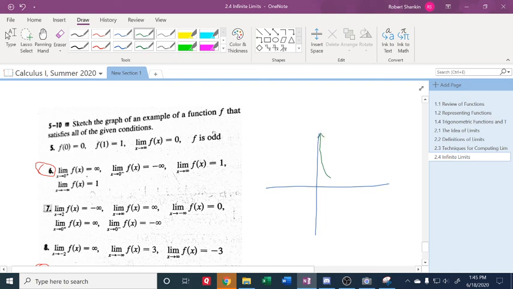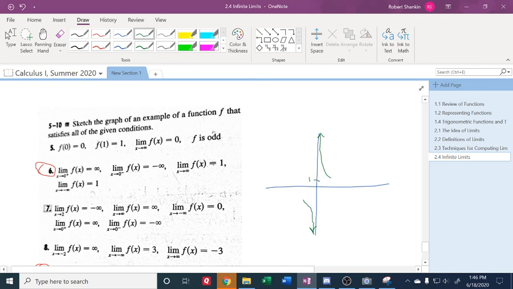That's what this first condition says. As x approaches 0 from the left, my function goes off to negative infinity. As x approaches infinity, the function goes to a height of 1.